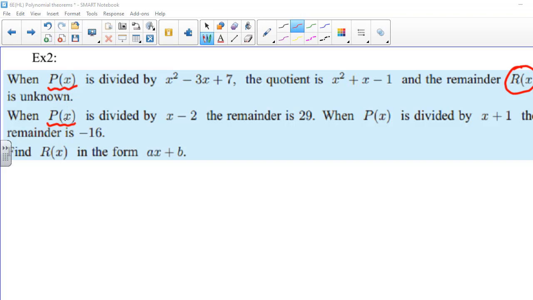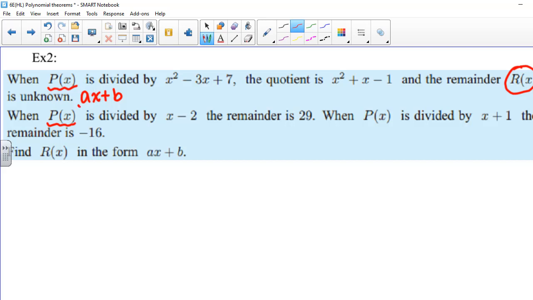When a polynomial is divided by a linear binomial, the remainder should be a constant based on the remainder theorem. But when a polynomial is divided by a quadratic, its remainder could be a linear expression. The degree can be 1 less than the divisor or maybe a constant.